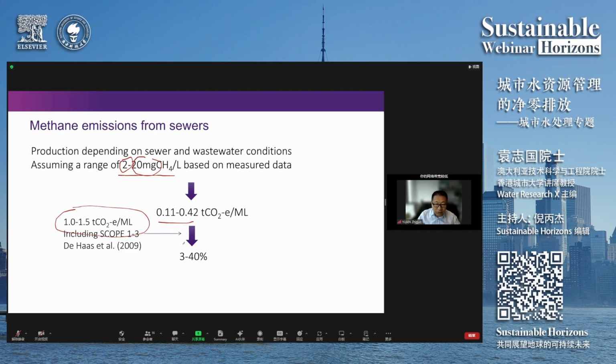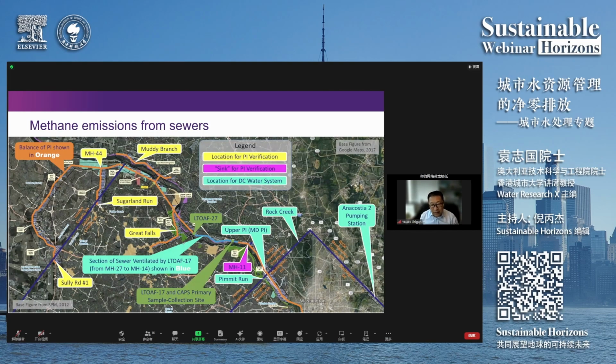That's the rough range. But for a specific network, this is a sewer network in Washington, DC, you want to know how much methane that network is emitting, and then we really have to do something specific for this network. But measuring methane emissions from a network is an impossible task, because methane is produced everywhere and emitted everywhere through the water-air interface, through manholes, pumping stations, and so on.